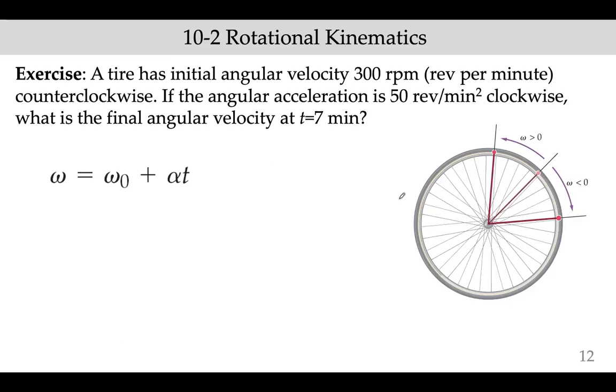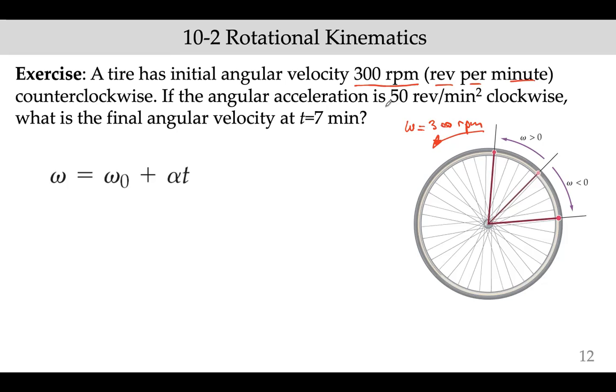Okay, here's an exercise. We have a tire that has initial angular velocity 300 RPM. RPM means revs per minute. Usually in motors, like electric motors, they use RPM. And it rotates counterclockwise, so counterclockwise means this way, and omega is 300 RPM.